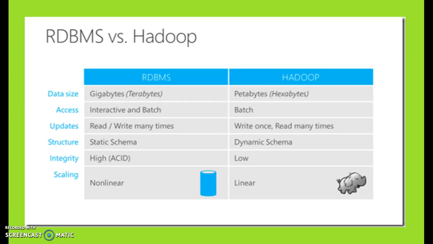Updates, write once, read many times is what we normally do in Hadoop. And in structure, we have static schema in RDBMS, and we have dynamic schema in Hadoop. Integrity, high in RDBMS, and here we have low integrity in Hadoop. Scaling, non-linear scaling is what we normally have in RDBMS, but in Hadoop we have linear scaling.